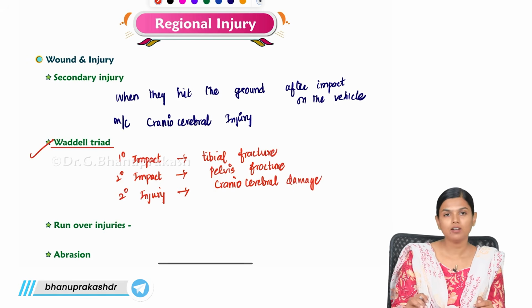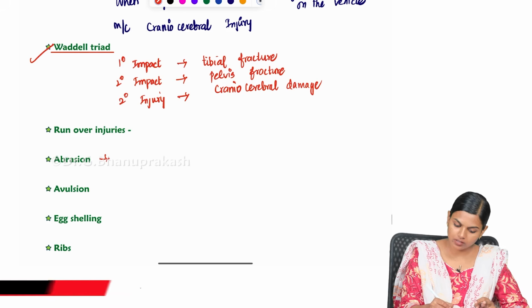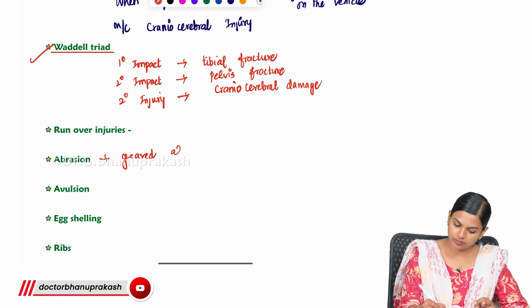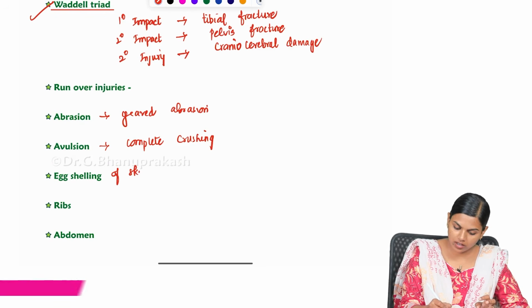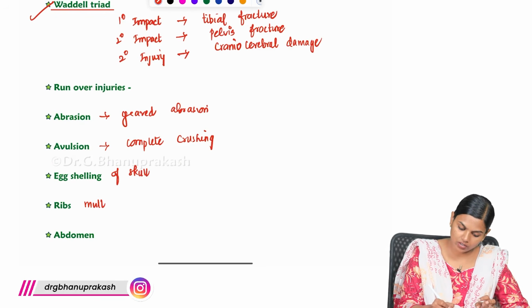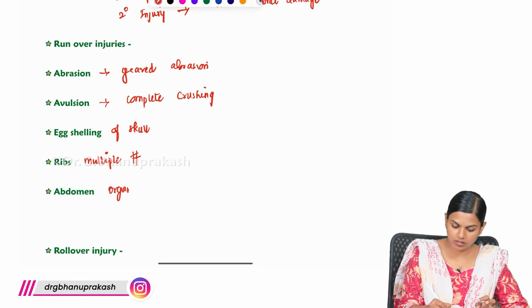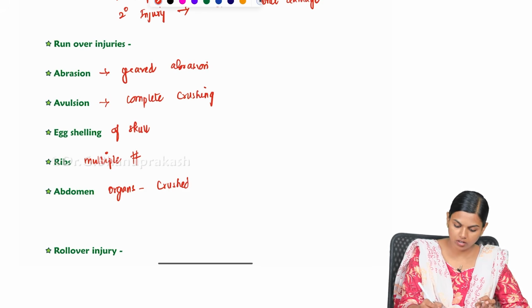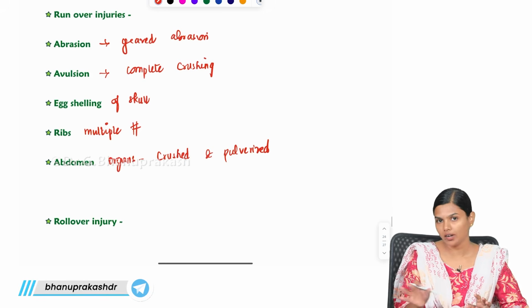In run over injuries you mostly get grazed abrasion and complete avulsion. There will be complete crushing, avulsion, eggshelling of the skull, multiple fractures of the ribs, and the abdominal organs will be crushed and pulverized, mashed together. All these are seen in run over injuries.